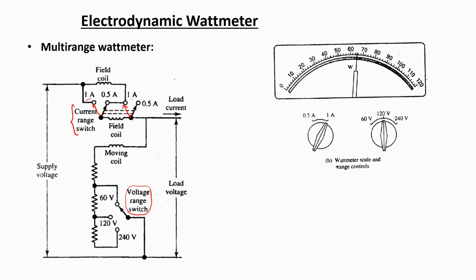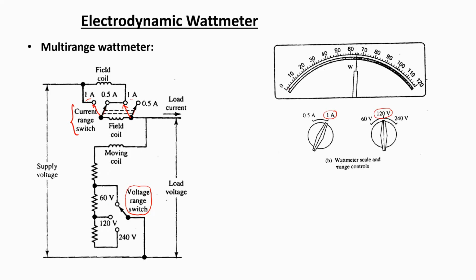Now, if we talk about using multi-range wattmeters, let's say you have chosen the current range to be 1 ampere and the voltage range to be 120 volts, as per the possible connections in this configuration.